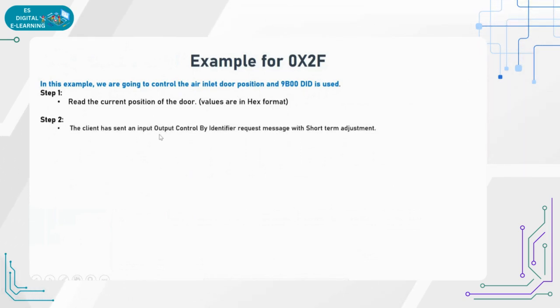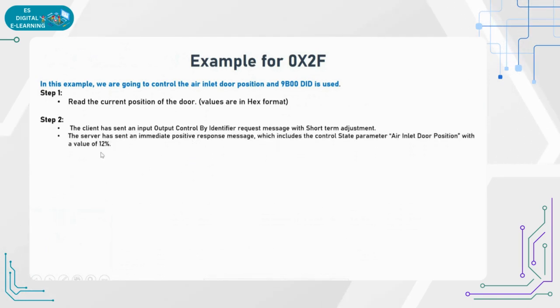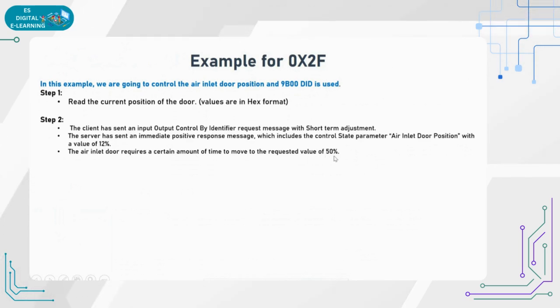The next step, we adjust some value. If it is 01, we adjust it to 02, and the server sends an immediate positive response, which includes a value of 12%. Now I change it from 12% to 15%, meaning I adjusted the value from 12 to 15%.